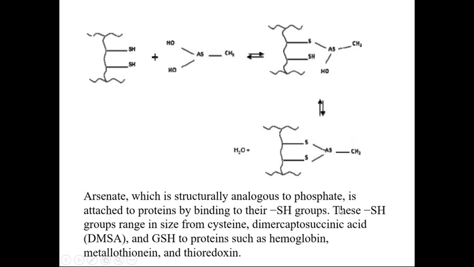It is structurally analogous to phosphate and is attached to proteins by binding to their SH groups. So these SH groups can either be cysteine, or it could be dimercaptosuccinic acid, or it could be glutathione, or to proteins such as hemoglobin, metallothionein, and thioredoxin, all of which contain sulfhydryl groups.